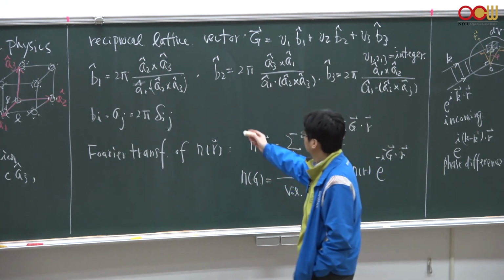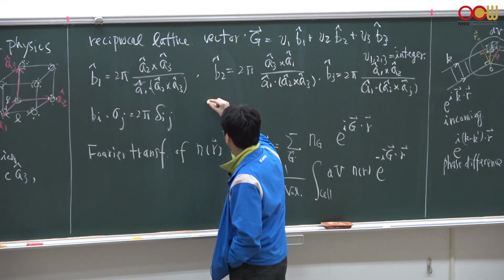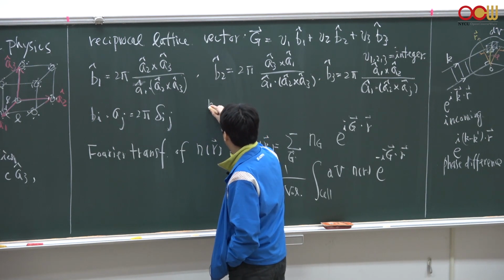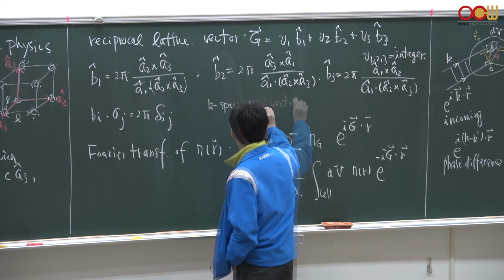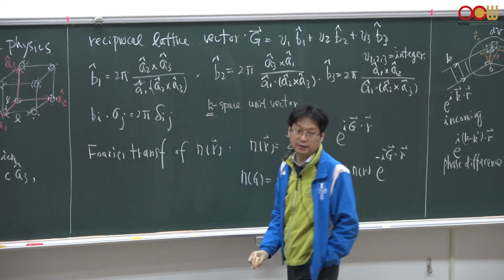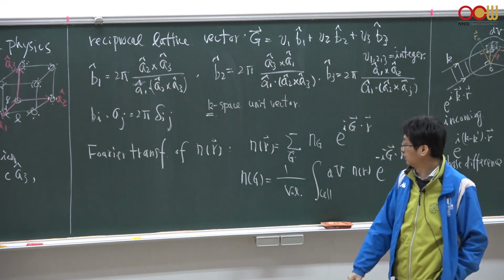So in many references or textbooks, this is called the k-space unit vector. k refers to the momentum space, and we will see that in just a moment.